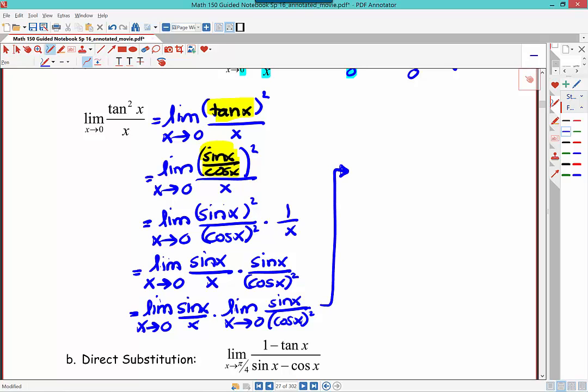So let's see what we get. We'll get, for two different reasons, using a special trig limit, 1 for this guy. So this whole limit is 1, and that's from the special trig limit.